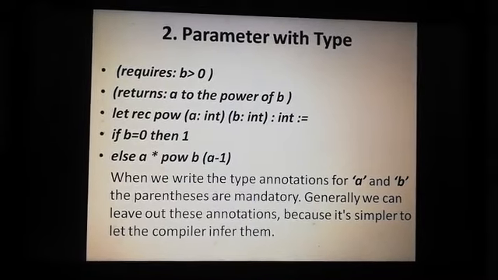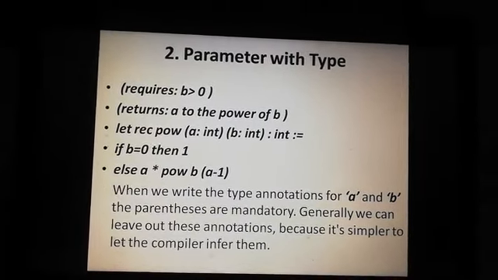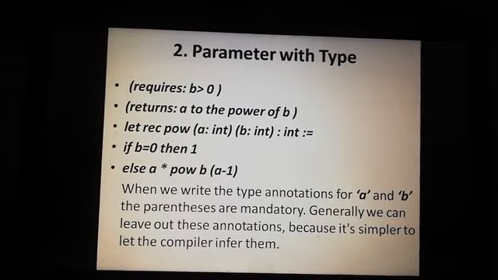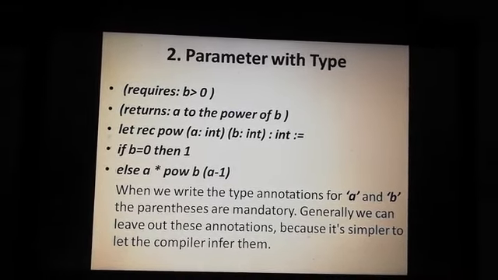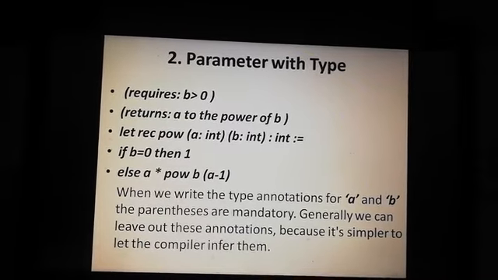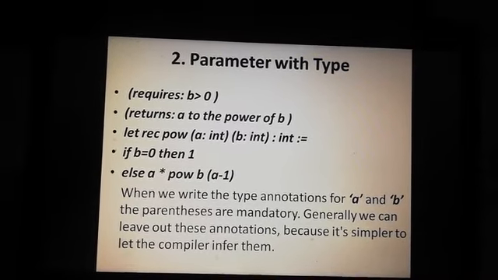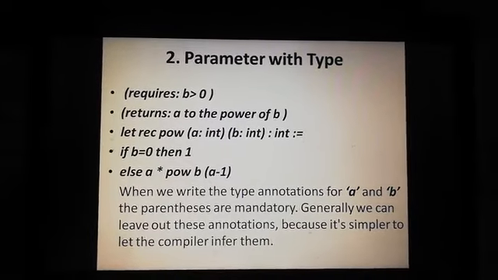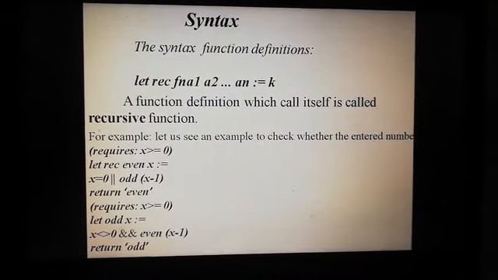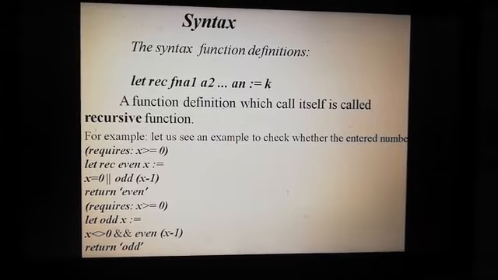Whenever we use parameter with type, parentheses are compulsory, that is mandatory. We must use them for that argument or parameters, otherwise it will cause errors. This is the syntax for the function.